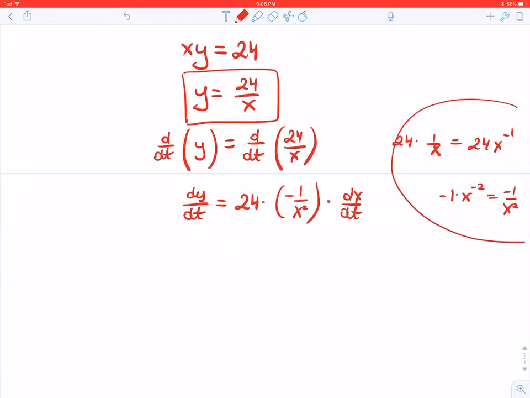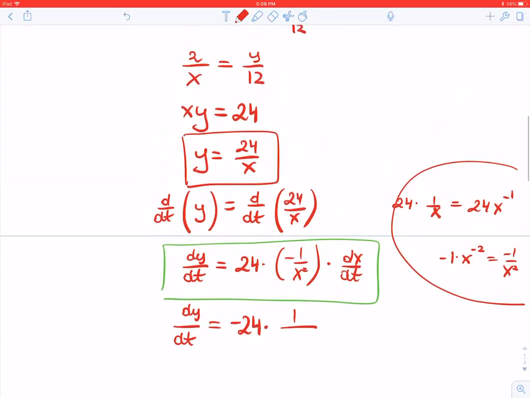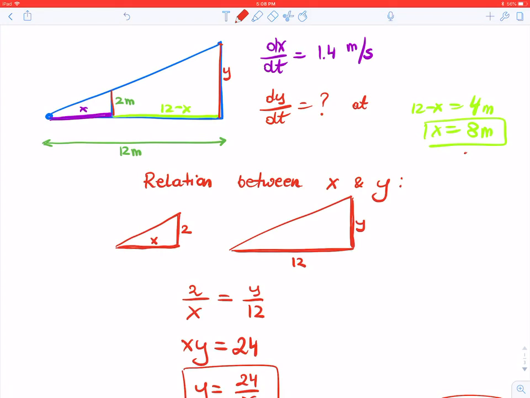Now I believe is the moment that we can use all of the information, because we do have a relation between derivatives. That's my proper relation. I will put negative 24, and we're looking for dy/dt at the moment, so x, we can see now, is 8. Yes, we shouldn't use that quantity before.